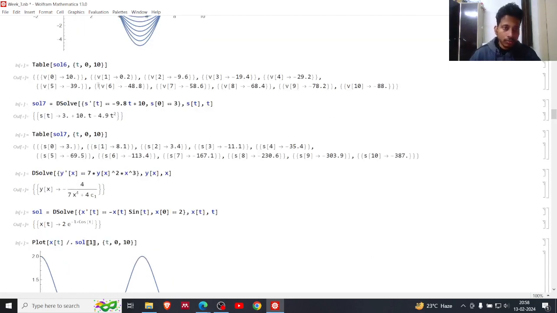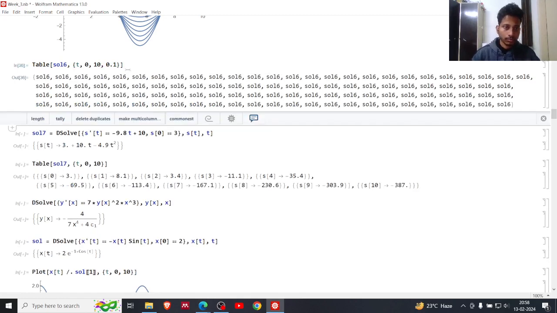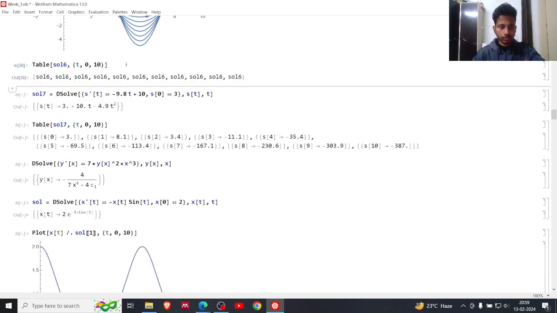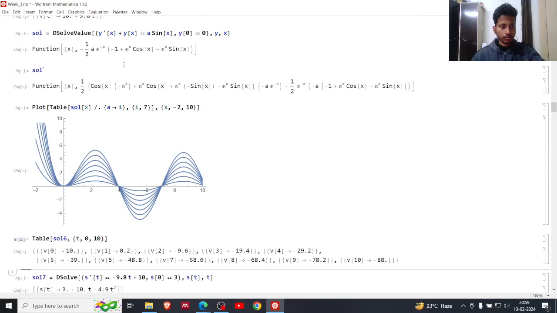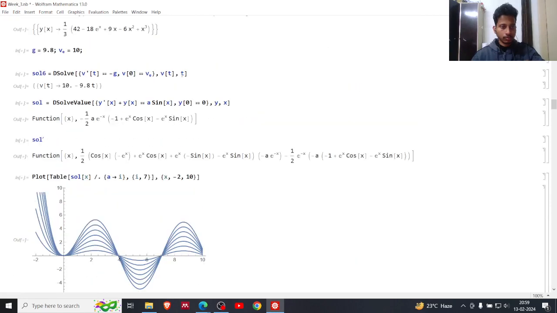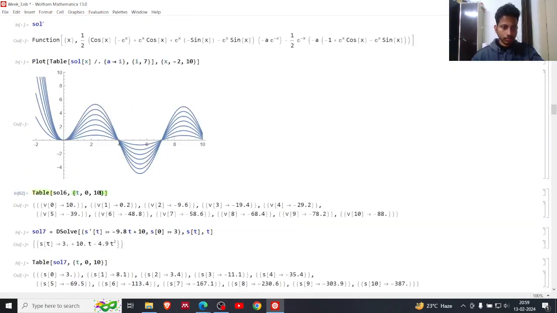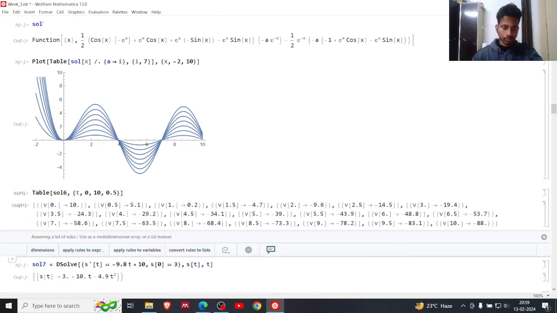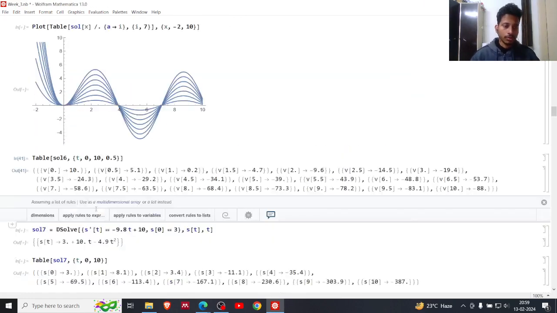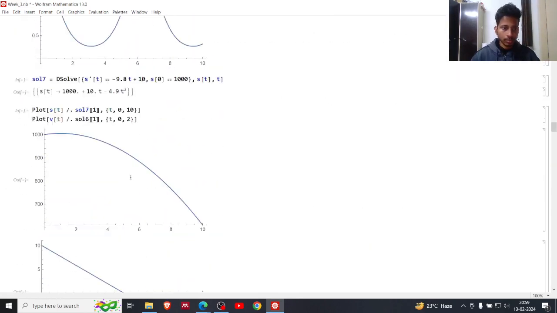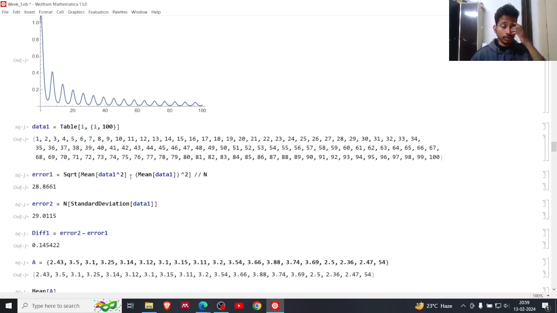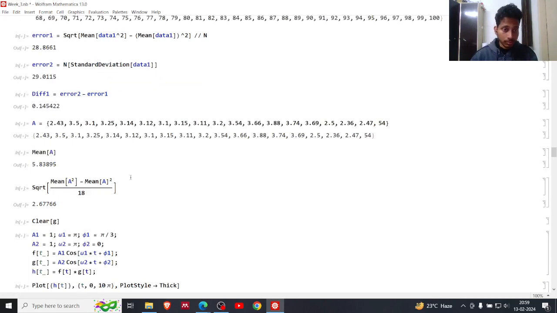We calculated the value at different points of time, and then we plotted it here and did some other solution using the table.